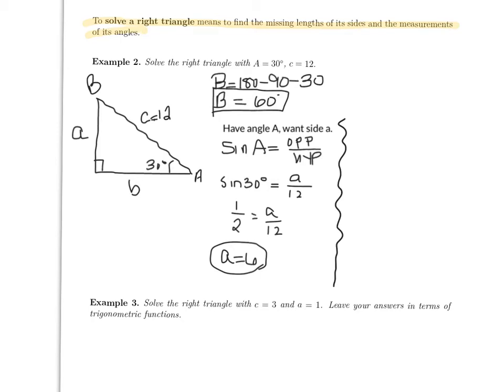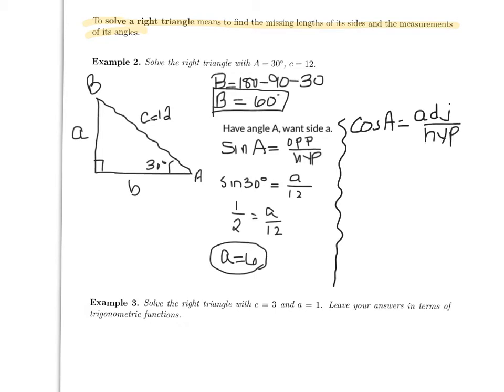So we need side B. We have angle A, we also have angle B, so you could use either one. But one of the things that we could use is the cosine function with angle A. So let me write over here, cosine of A is adjacent over hypotenuse, right?